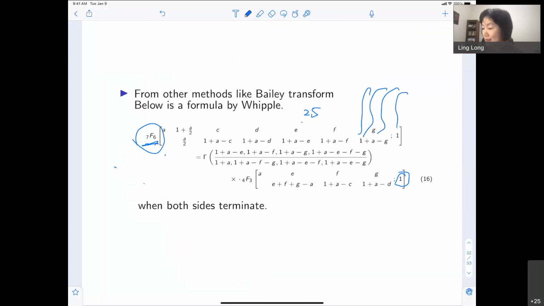The right-hand side is greatly simplified. So in terms of iterated integrals, I only need 3 layers. All right, so there is a degeneracy structure relating 7F6, which is a well-poised series, imprimitive, into some structure which is actually easier.